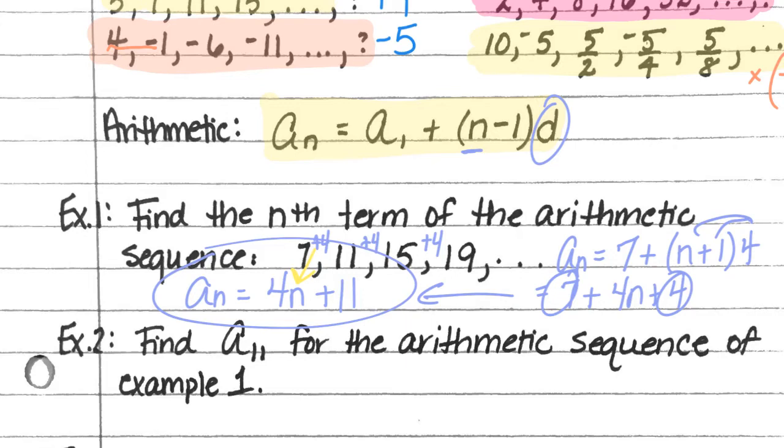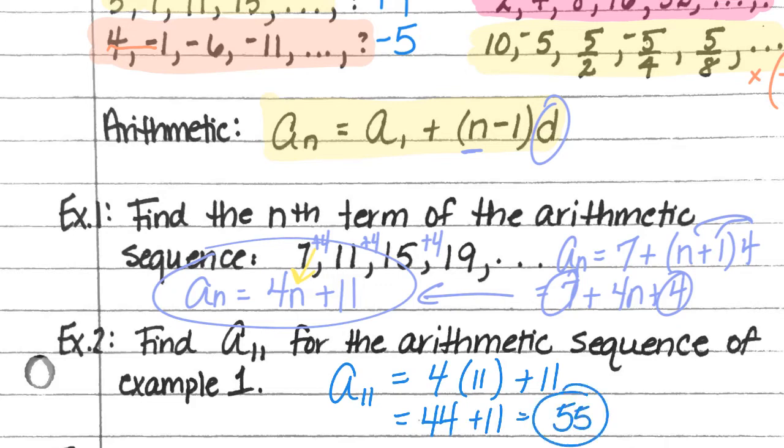Anytime there's an a with a number down to the right, that is a subscript. So remember, instead of putting in n, we are going to put in 11. 4 times 11 plus 11. 4 times 11 is 44, plus 11 is 55. So the 11th term of that sequence is 55.